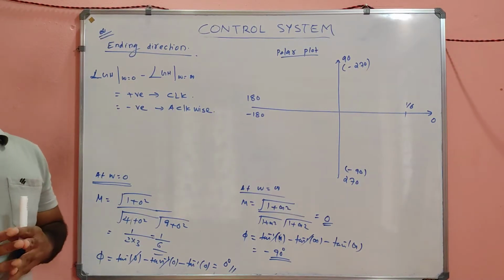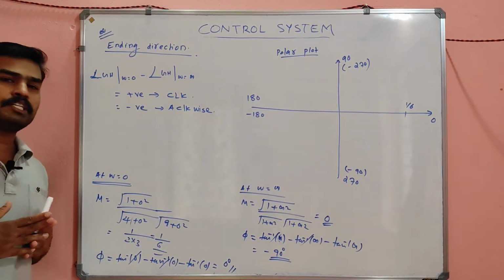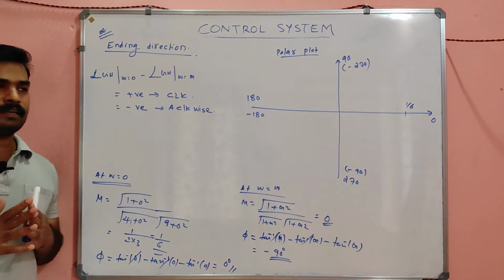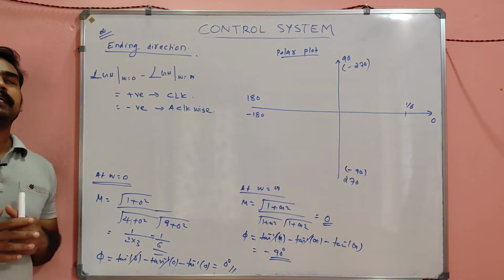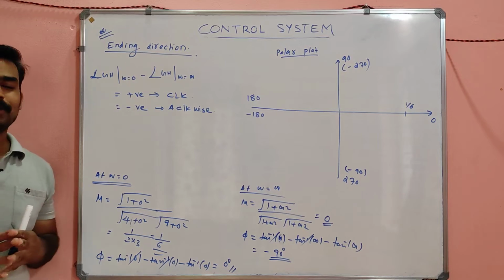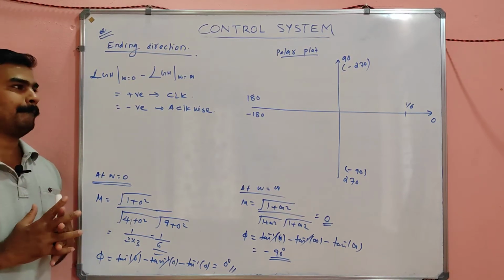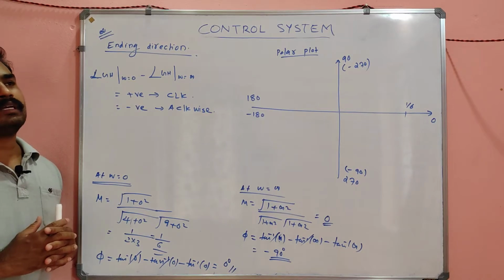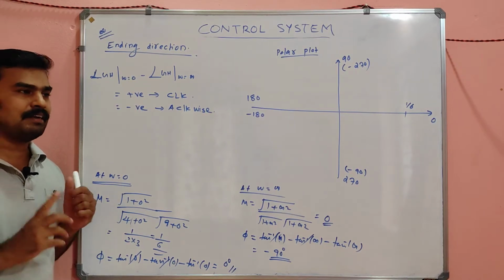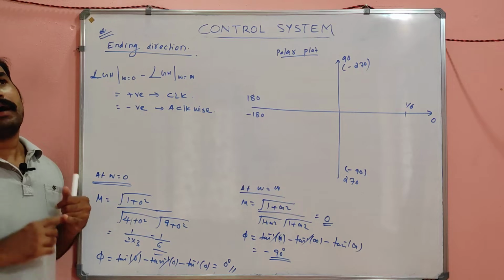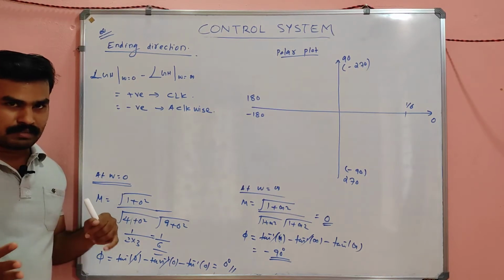And one more thing I want to tell you, my dear. So many students have requested me to take the classes in Malayalam. Why I couldn't take the classes in Malayalam: one reason is that my aim is to spread knowledge.